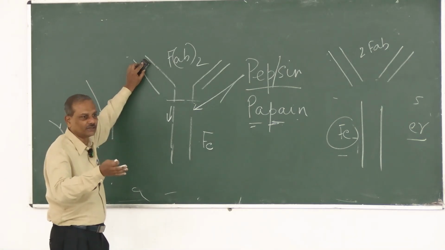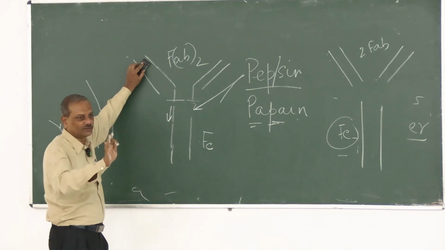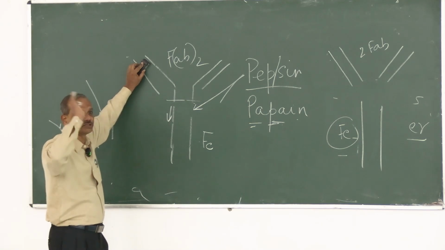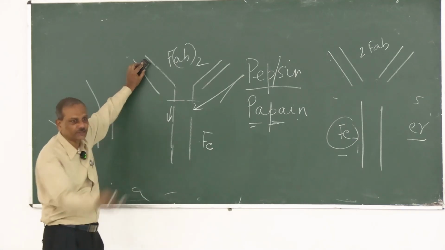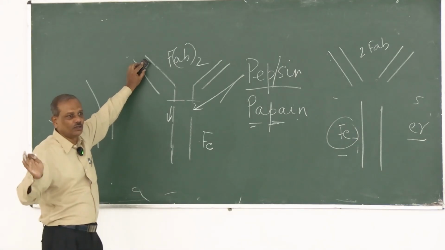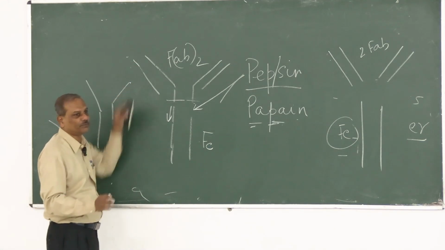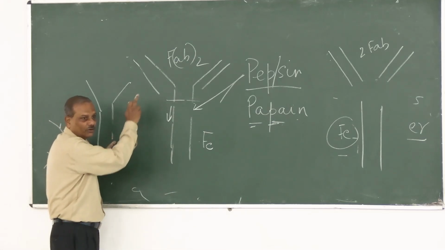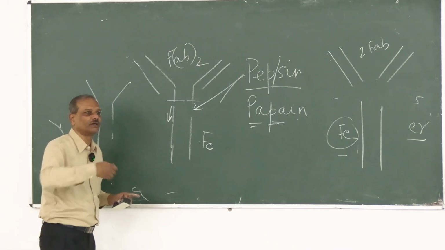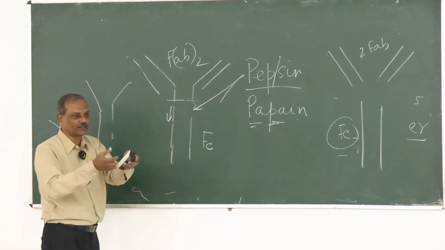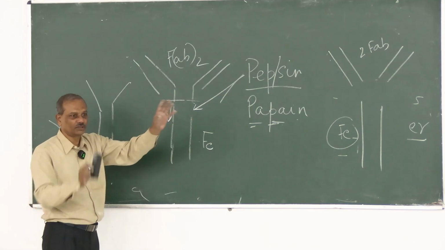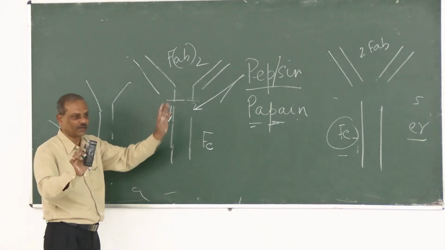How to remove that? Suppose digoxin is given for cardiac patients. Now, digoxin overdose is there, and digoxin has to be removed from the blood. So if you make an anti-digoxin FAB fraction and inject it, the extra amount of digoxin will bind to it. So digoxin, that drug, will not be available.